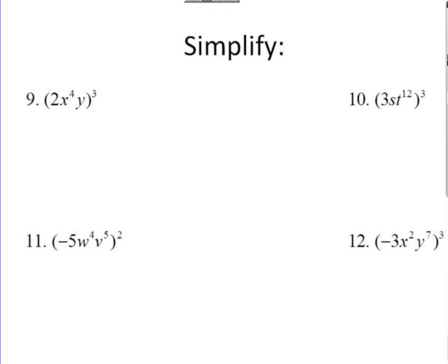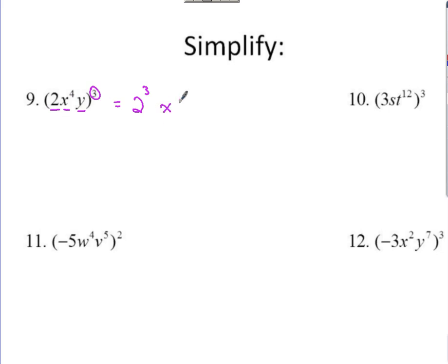All right, when you have a power to power, like we do here on number 9, we understand that every part inside here is being multiplied together. So each of those parts we raise to a power of 3. If I actually write this out as an initial step, I have 2 to the 3rd power. I have x to the 4th raised to the 3rd power.